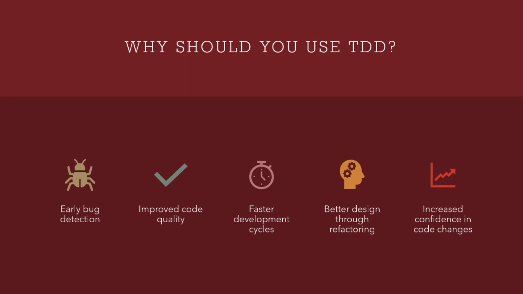You should be able to achieve faster development cycles because if you know that you're going to be accomplishing just the minimum of that test each time, it makes it easier to see where your errors are and what you need to change. And so you should be able to move faster as a team to accomplish that goal. And then better design through refactoring, that kind of just goes hand in hand with the improved code quality.